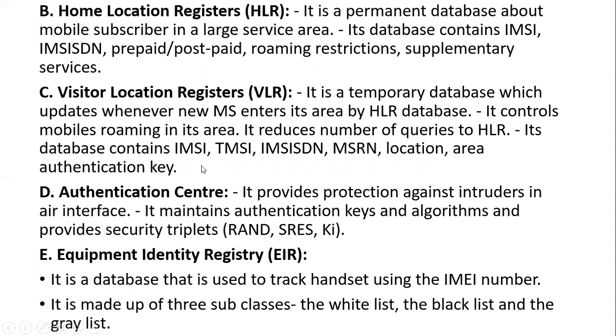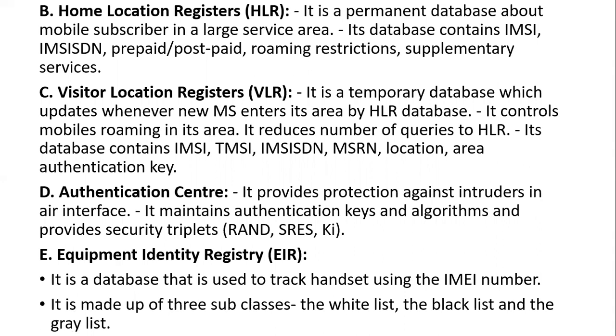HLR is the home location register, a permanent database about the subscribers in a large service area. The visitor location register is a temporary database, and it updates its data based on the HLR database. This is the difference between HLR and VLR.